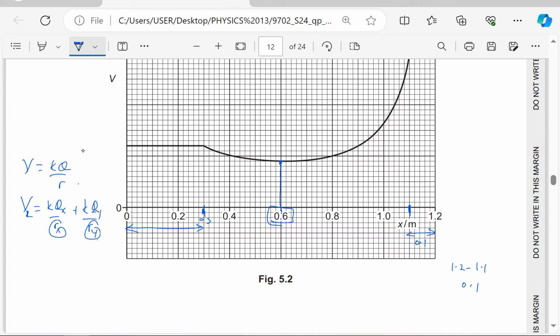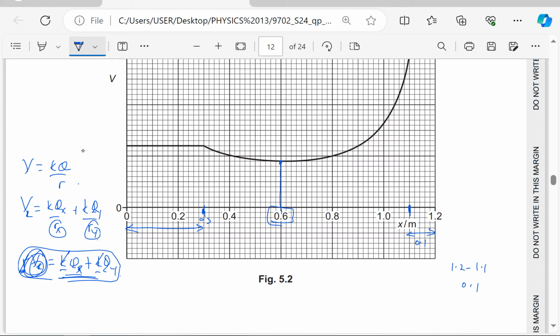So if r is the same, let me just call it r. So r times V resultant is going to be kq of X plus kq of Y. r is the same, k is the same, so I'll just cross out those quantities which are the same for both. So the resultant potential is directly proportional to the sum of these charges.